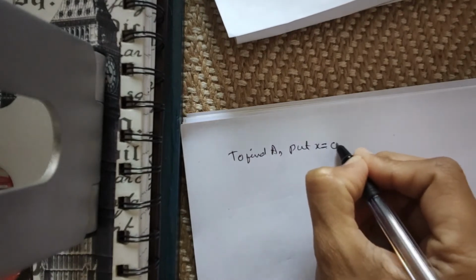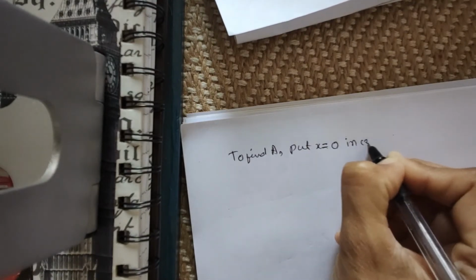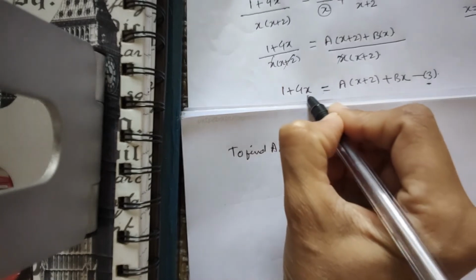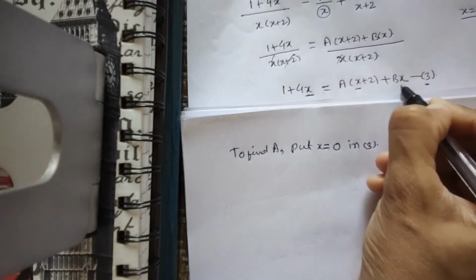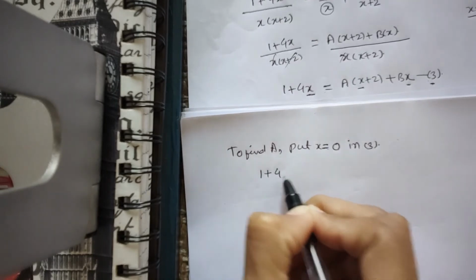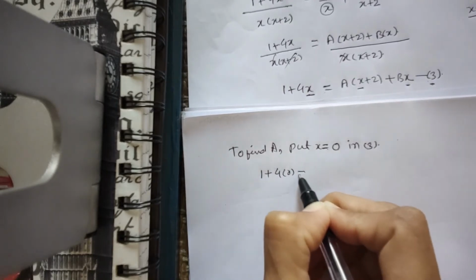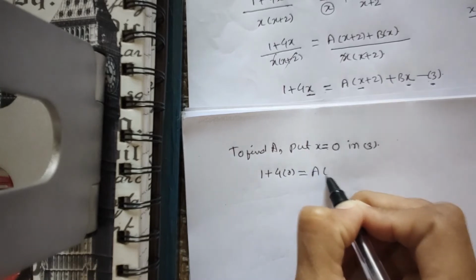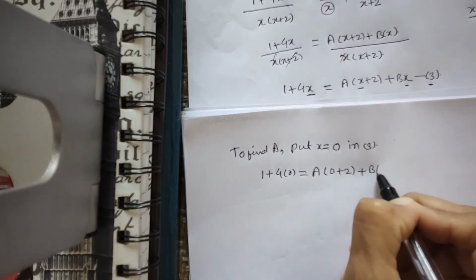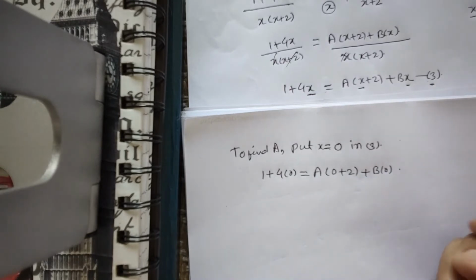Put x = 0 in equation 3. What is equation 3? Just replace x with 0. What will I get? 1 + 4(0) = a(0 + 2) + b(0).